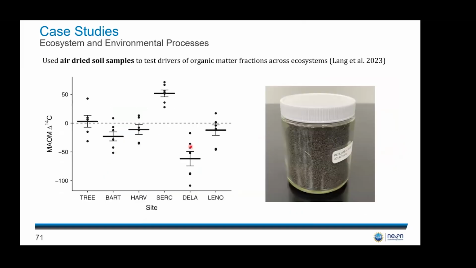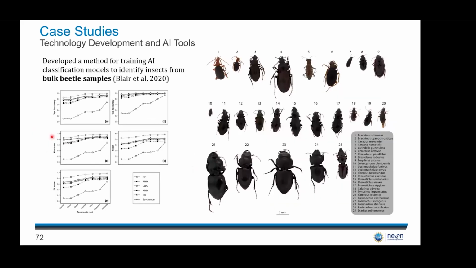In the case of environmental processes, this researcher used our air-dried soil samples to characterize organic matter in the soils across each of these sites, right? So then they used each of these fractions to test for drivers of that organic matter within that ecosystem.